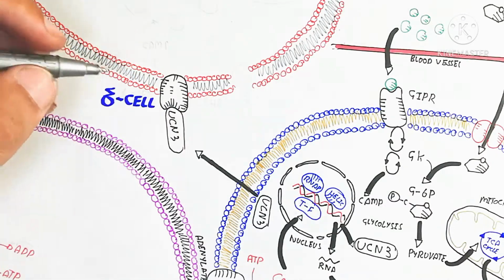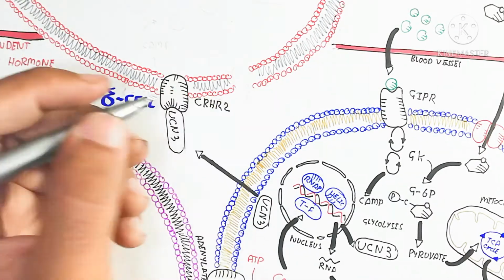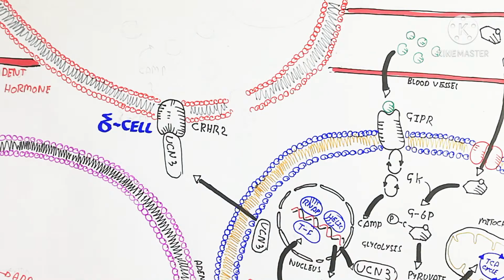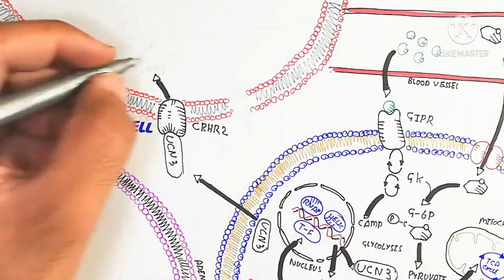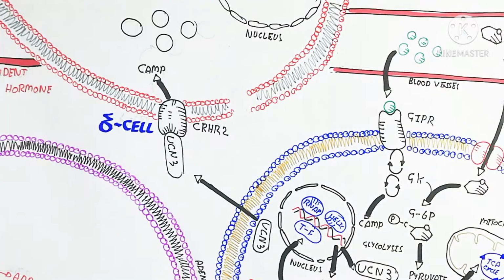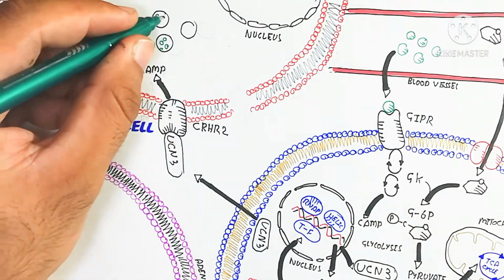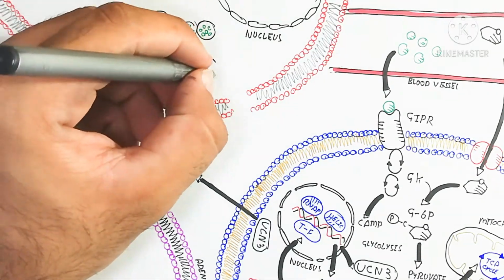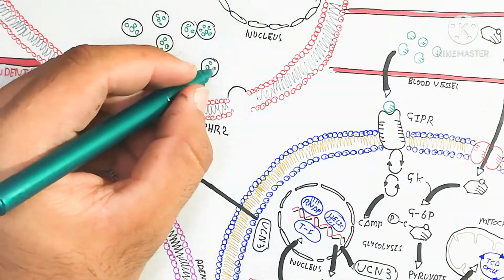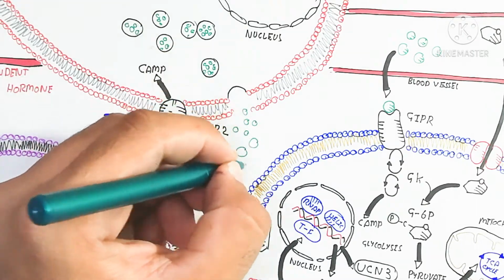This CRH2 receptor receives the UCN3, and this stimulates the same mechanism of cyclic AMP production, the second messenger. This second messenger stimulates the nucleus to produce more somatostatin.